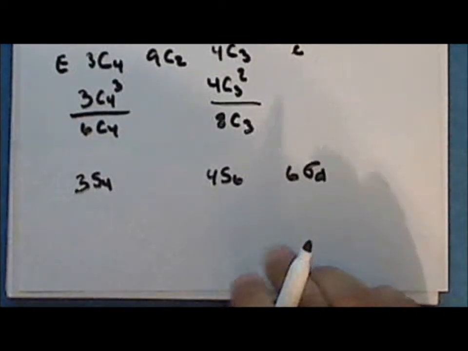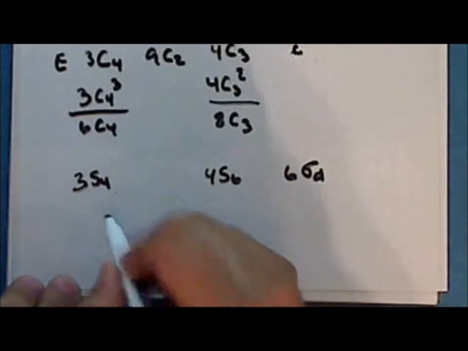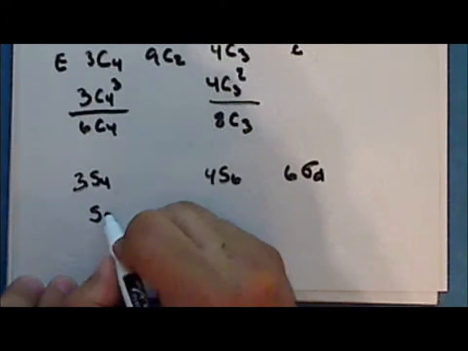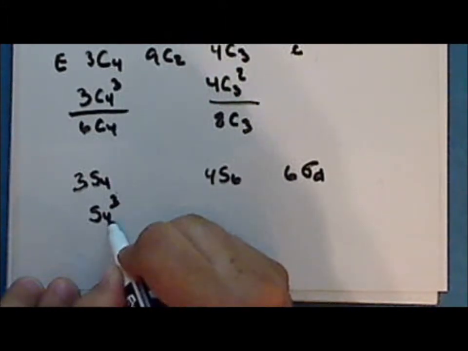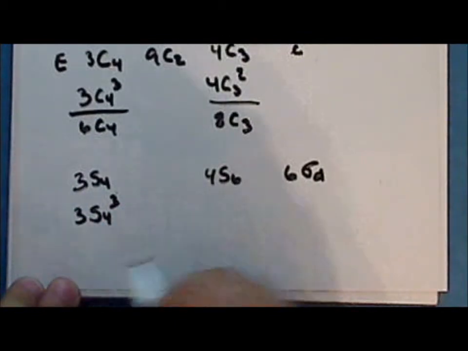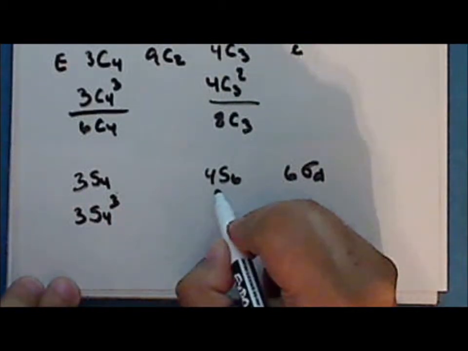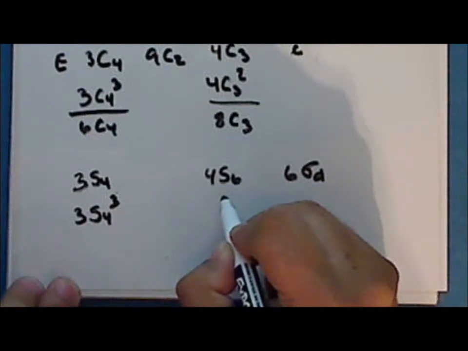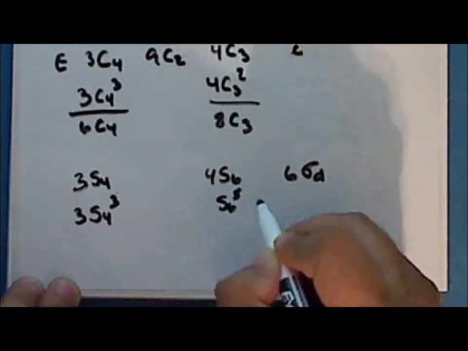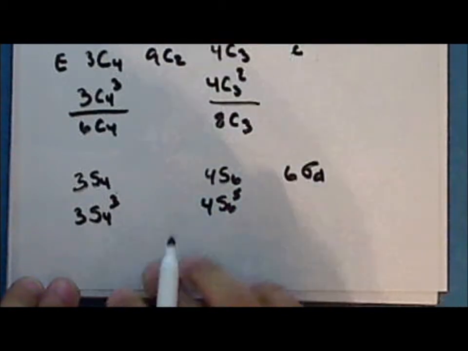So as we have an S4 operation, we also have an S4 cubed operation, where 3 is relatively prime to 4, and there are 3 of those. And as we have an S6 operation, we also have an S6 to the 5th power operation, and there are 4 of those.